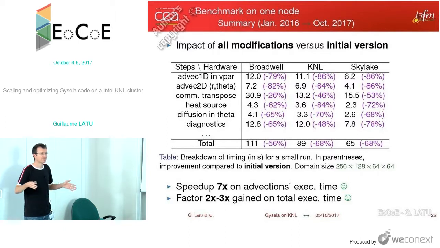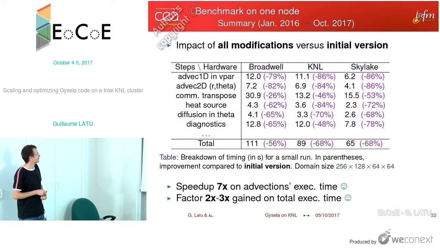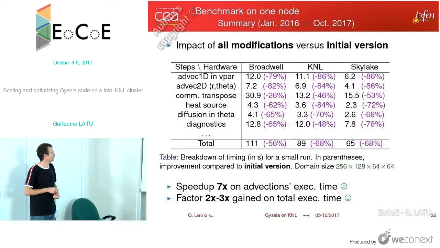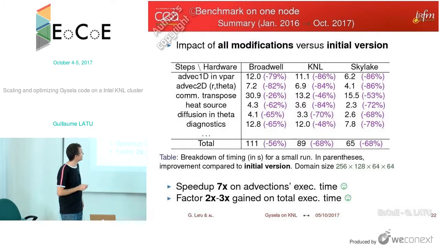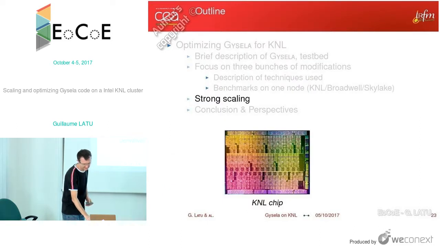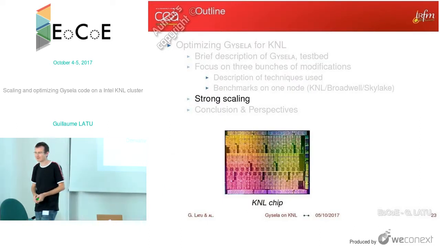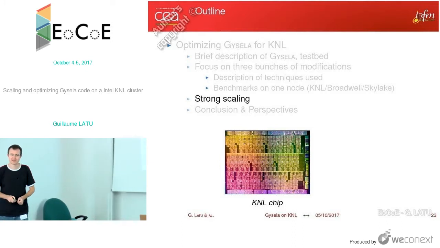So now Vlasov is competing with the other parts of the code to have the first place. And we also have gained a factor 2 to 3 on each platform. But you see that at the end we have, let's say, a factor 2 between Skylake and Broadwell. So I think we will all appreciate the Skylake machine.